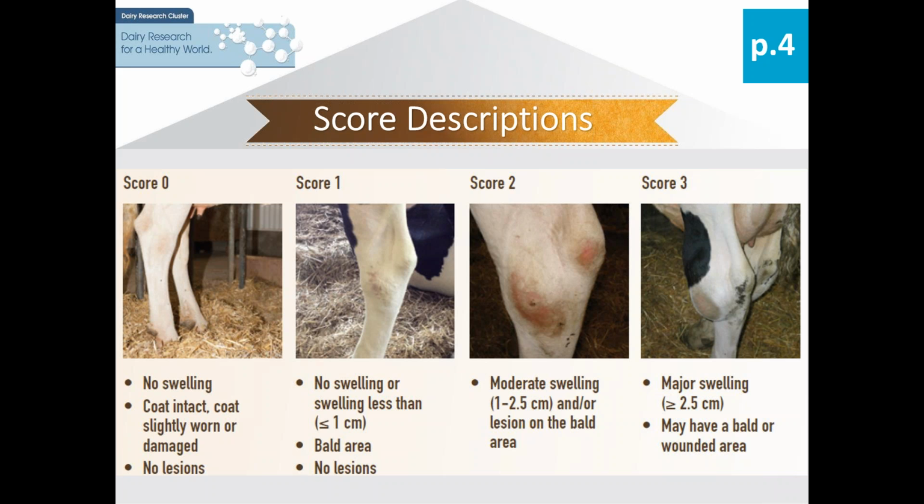Score 1, again, we would deem acceptable, having some hair loss but no real swelling and no lesions. Then the cutoff, where we've deemed it unacceptable, is when we start to see cows with not only hair loss, but also swelling and or a lesion on the leg, so an open wound on the leg of the cows.